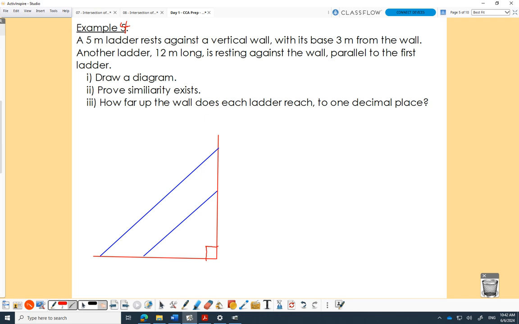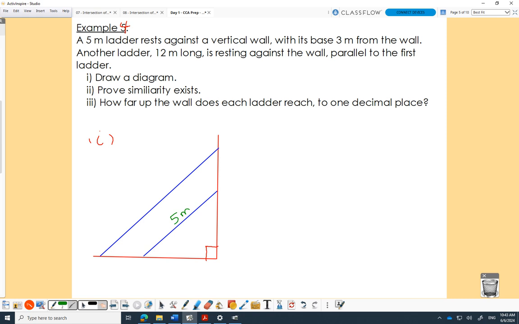Draw a diagram. Is the diagram complete? No, I can do a little better. A 5-meter ladder rests against a vertical wall with its base 3 meters from the wall. Here's a little trick when you're drawing these things to indicate exactly how much horizontal you mean. Because if you just write a 3 down here, everybody's going to be confused about what you mean.